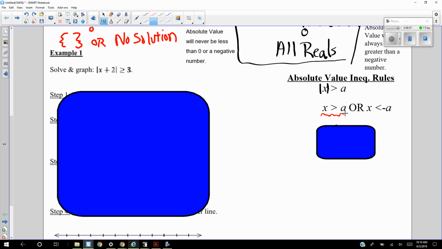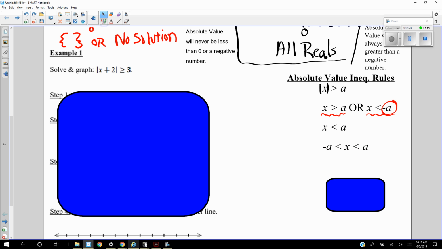The first inequality looks exactly like the original problem, except we've dropped the absolute value symbols. The other one, just like an equation, has a negative number over here. The only difference is that the sign has been flipped. So you'll follow that pattern every single time when you do an "or" problem.